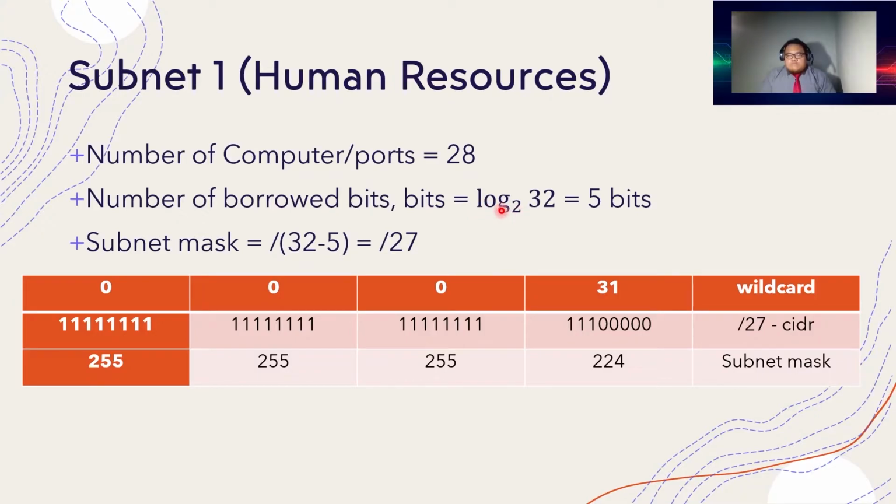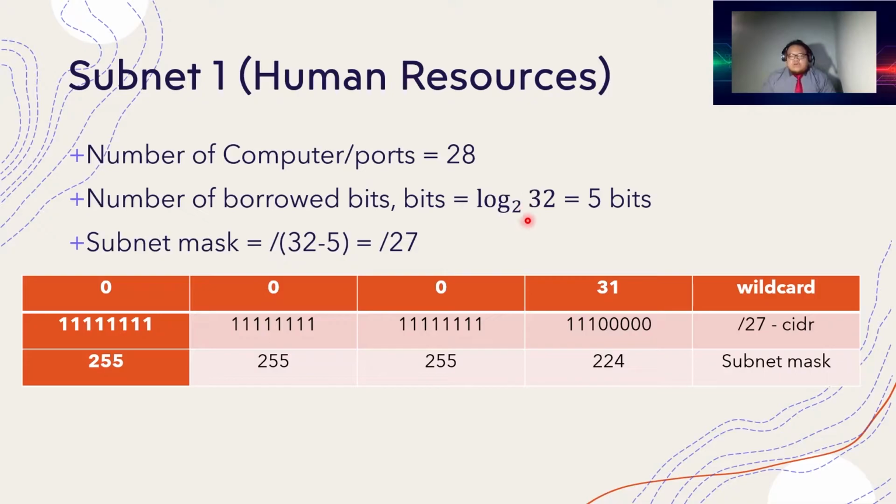But we cannot use the 28 in the log because it will produce a number with a decimal point. So we are going to use the nearest number which can produce a whole number like 1, 2, 3, 4, 5.